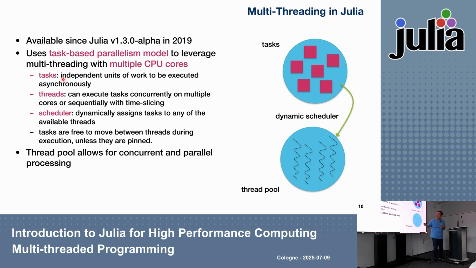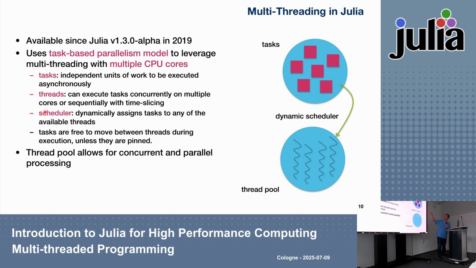And then on the other side, you have the so-called threads. Here we have 4 threads, and those threads can execute those tasks in a dynamic manner. Which task will be executed by which thread at which time is fully determined by the dynamic scheduler.